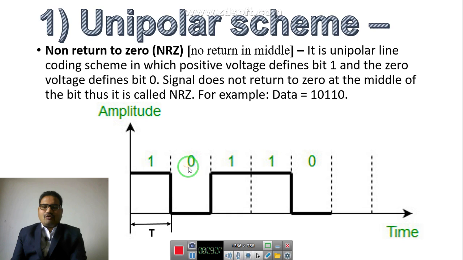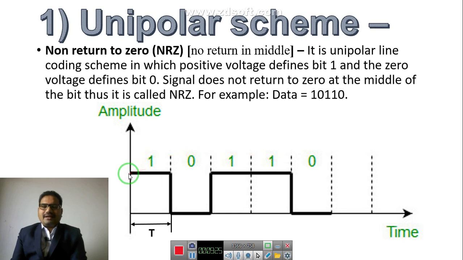The signal doesn't return to 0 in the middle of the bit. That's why it is called non-return to zero. So the data over here is 1, 0, 1, 1 and 0.